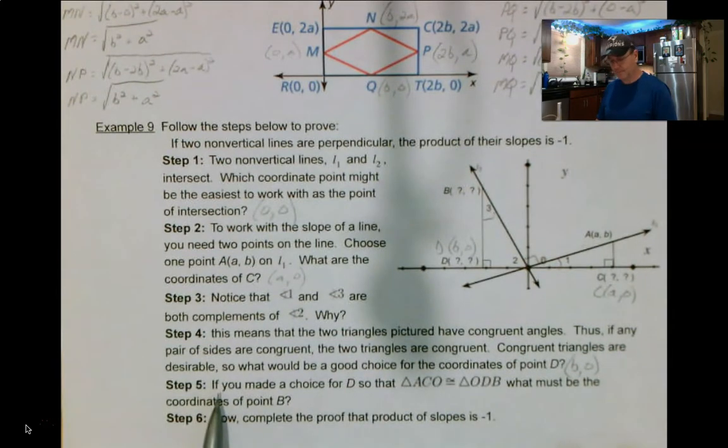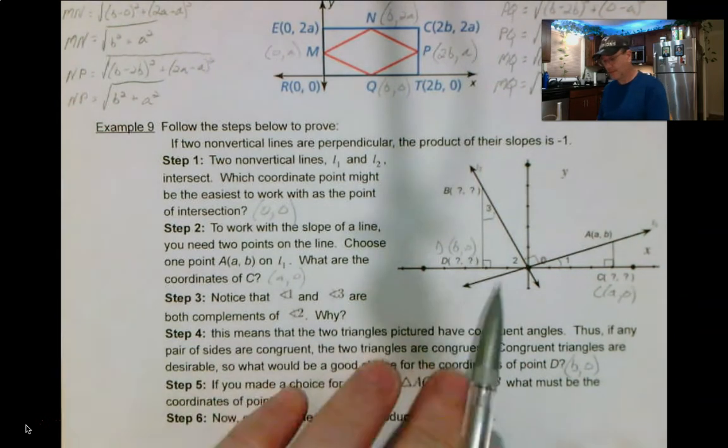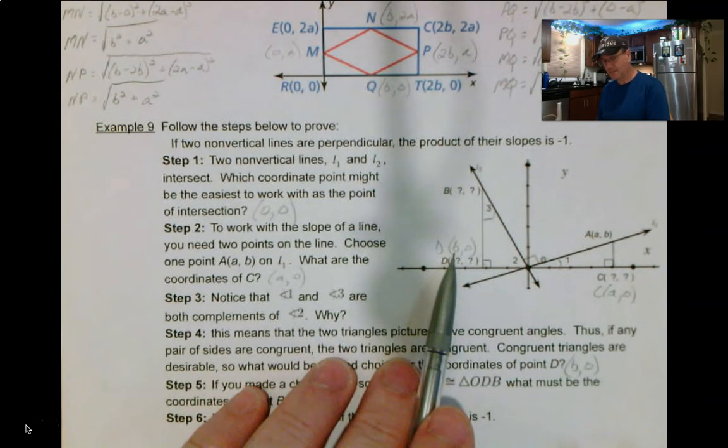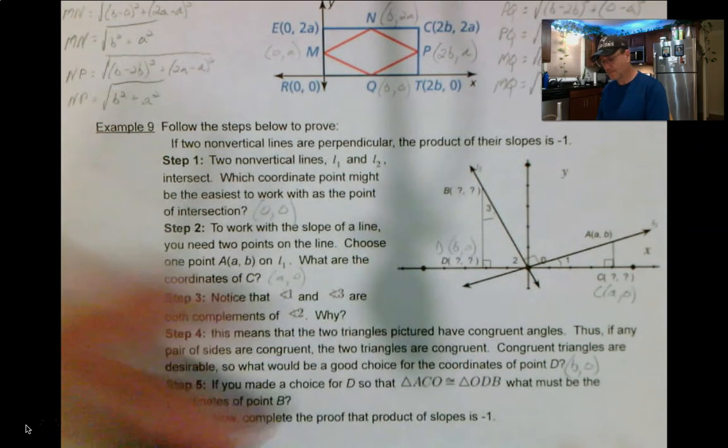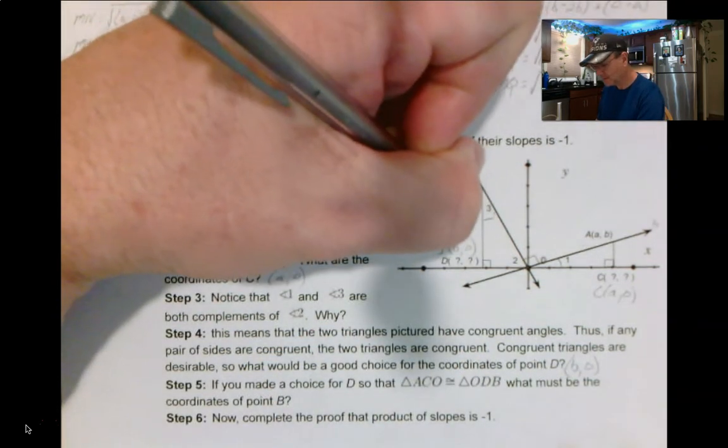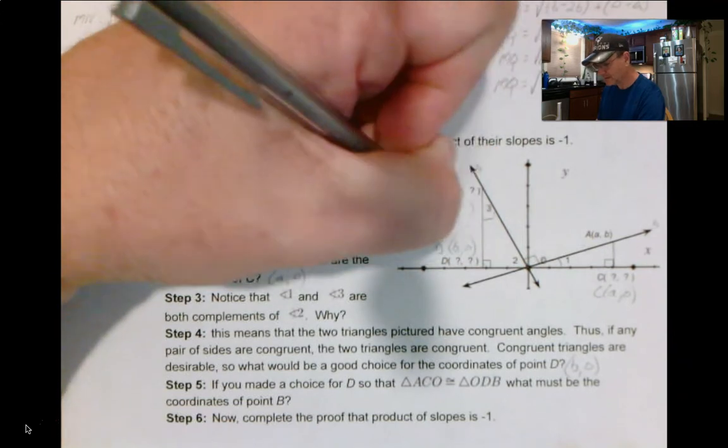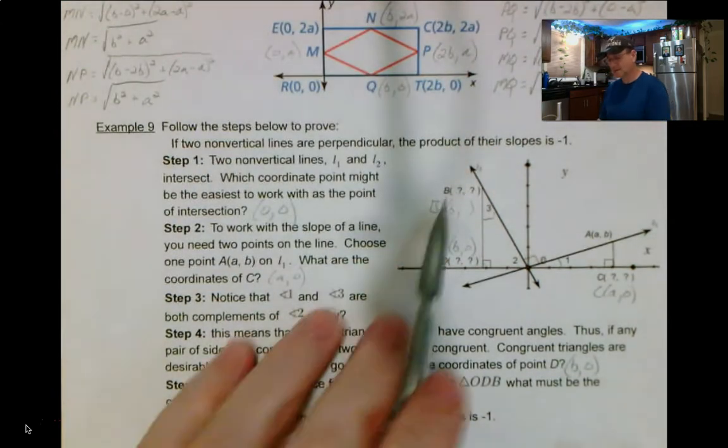Step 5. If you made the choice for D so that triangles ACO and ODB are congruent, what must be the coordinates for B? Well, this is B. I know it's B comma something. What does the something have to be?